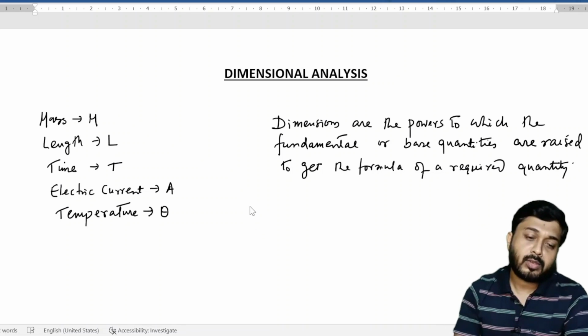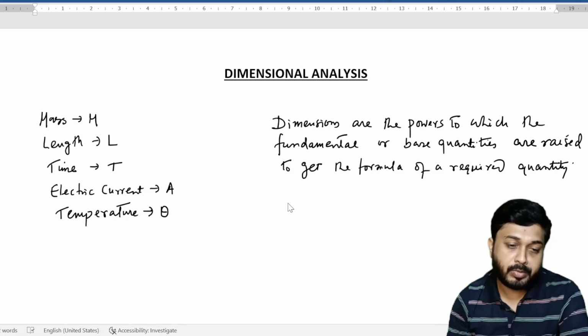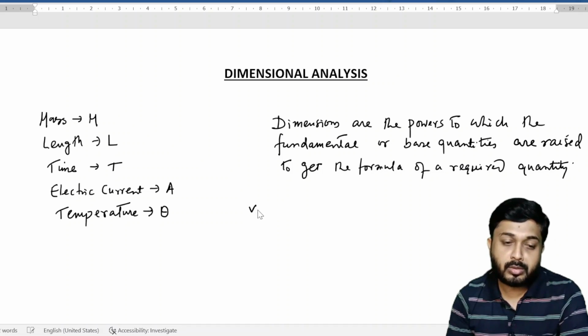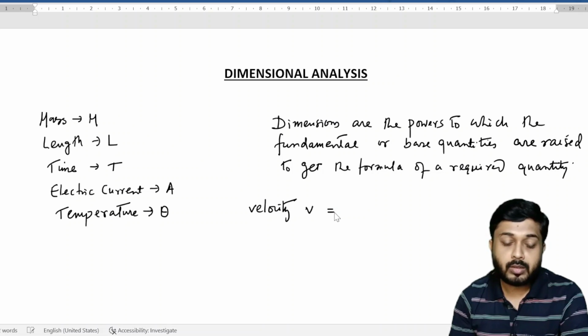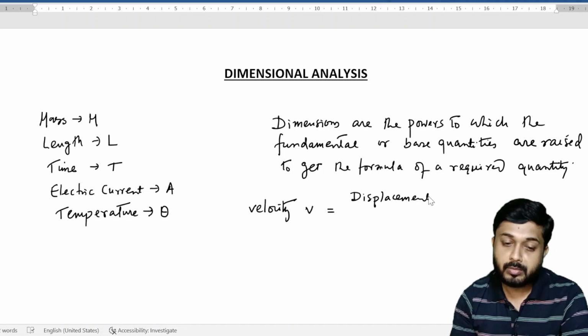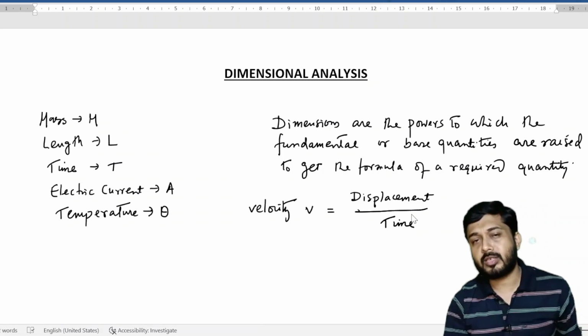Now let me tell you with the help of an example. For example, you have heard about velocity, right? Velocity V is actually the displacement per unit time, displacement divided by time. As you all know, what is displacement?